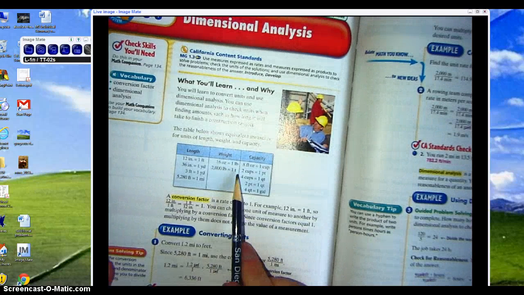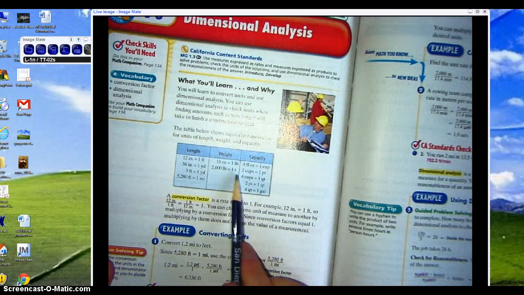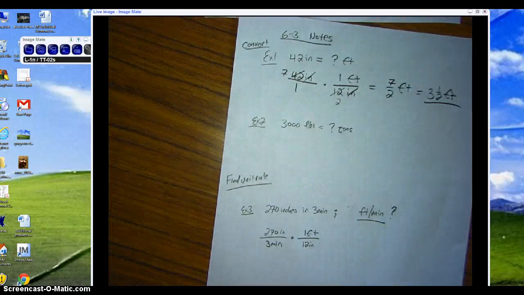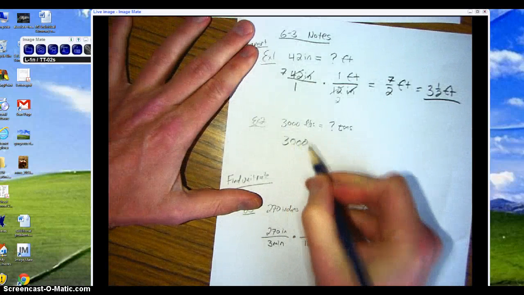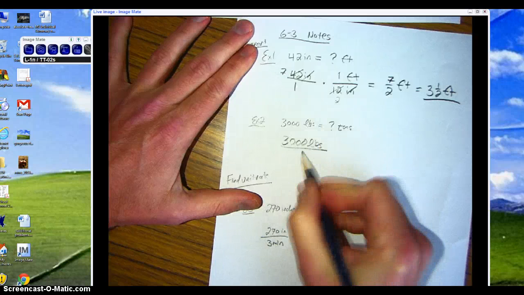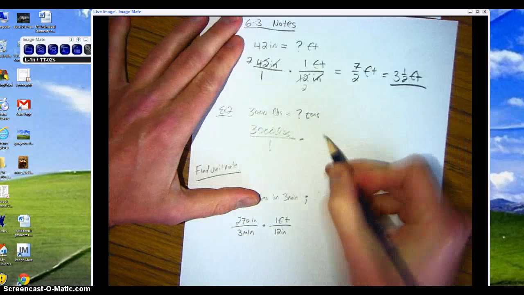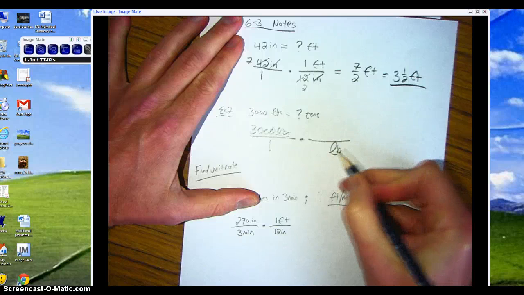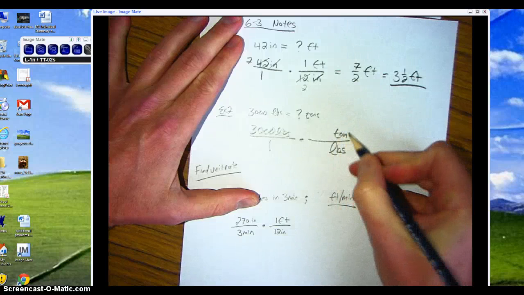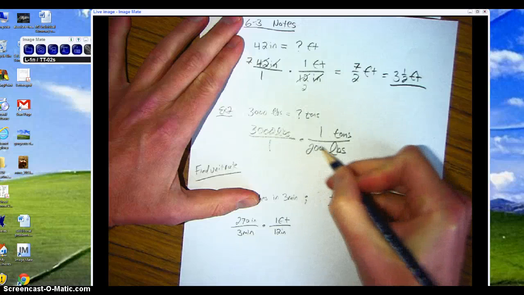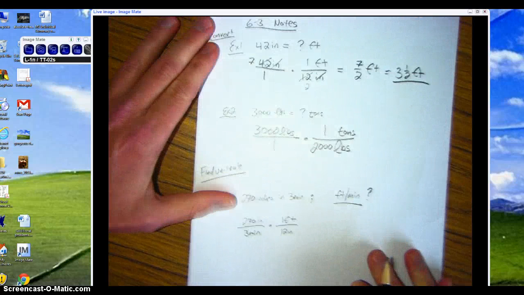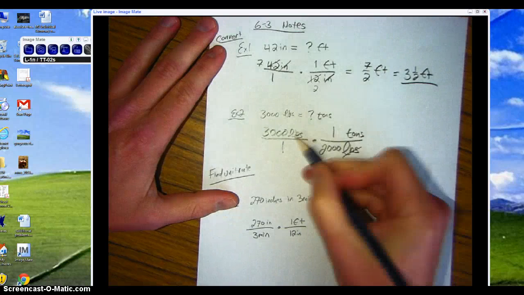Next example, 3,000 pounds equals how many tons? 2,000 pounds is 1 ton. So I'm going to use this conversion, 2,000 pounds, 1 ton. So 3,000 pounds, start with that, over 1. My conversion, I want to cancel the pounds and keep the tons. Well, 1 ton is equal to 2,000 pounds. Well, cancel your units.